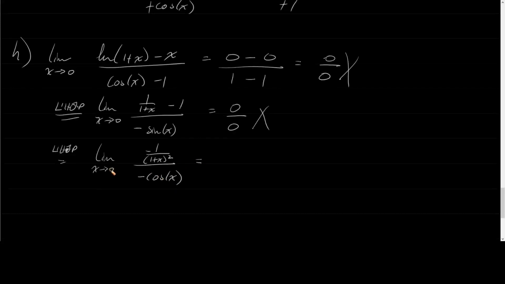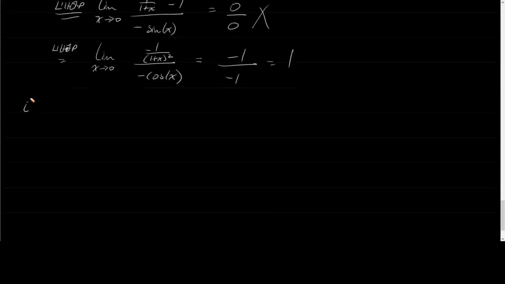And now, as x goes to 0, let's see. 1 plus 0 is 1, squared is 1, with a negative, negative 1, over cosine of 0. Cosine of 0 is 1, but with that negative, I end up with negative 1 over negative 1, which is just positive 1. All right. Next one.